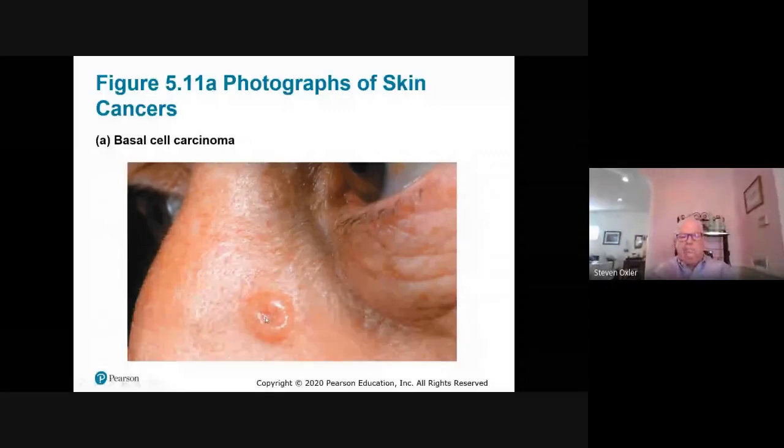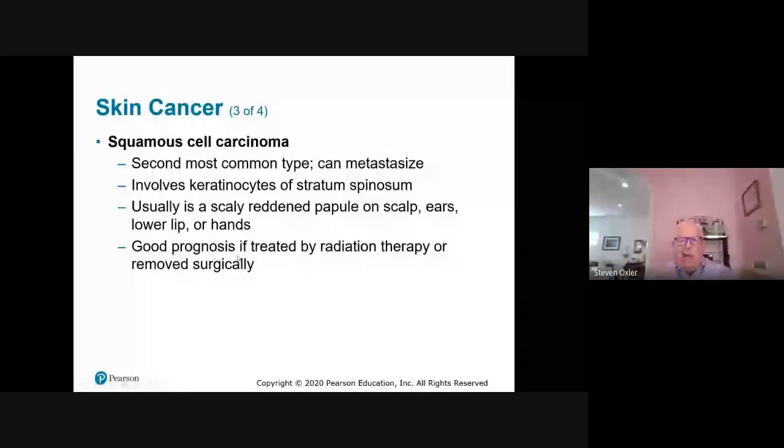Squamous cell carcinoma, the second most common type, but it can leave the skin and go into your tissues, can go into your organs. That word is metastasize, leaves the area and spreads. Squamous cell carcinoma involves the keratinocytes in the stratum spinosum.